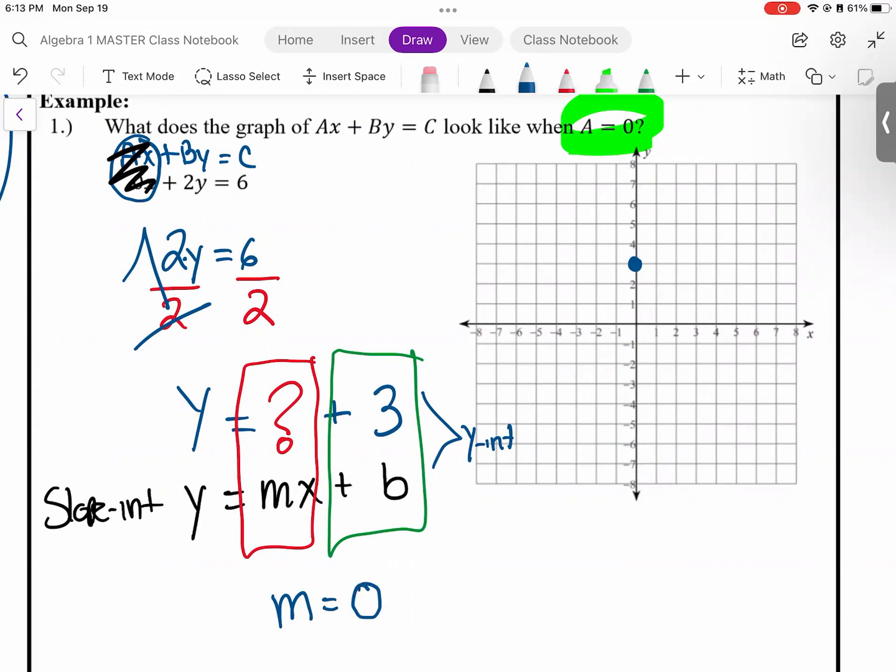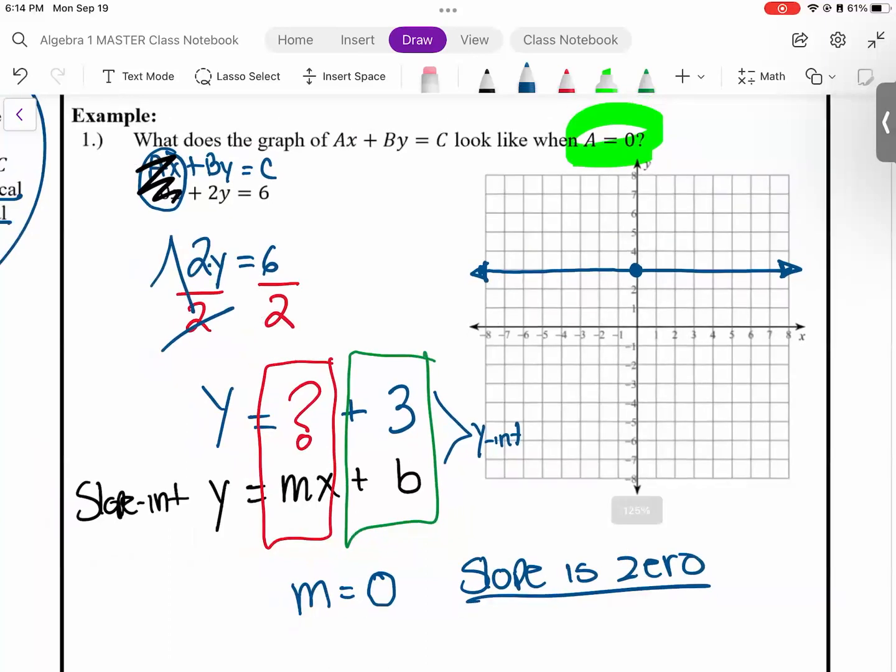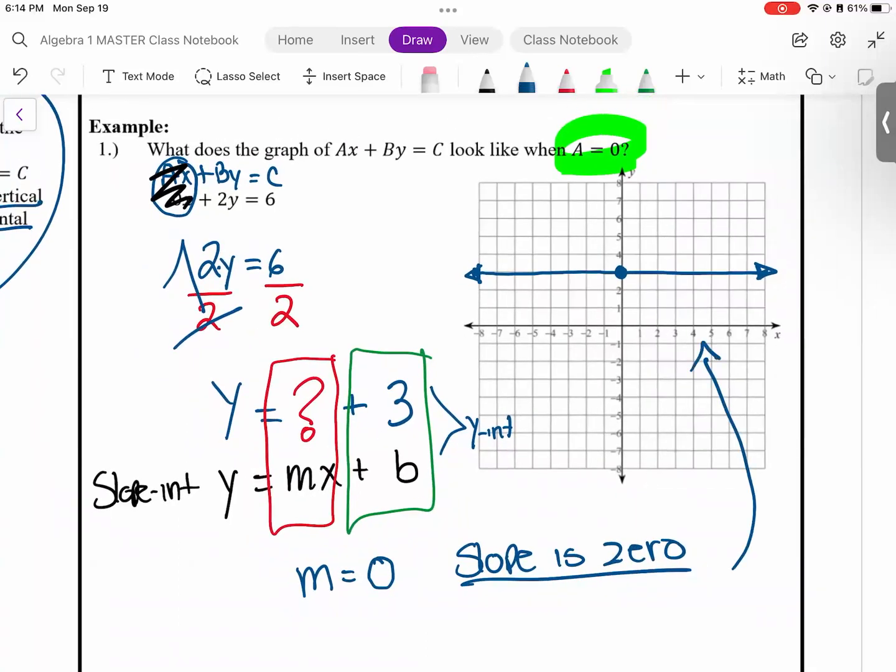It's actually just a straight horizontal line. So again, when your slope is 0, you're going to have a horizontal line.